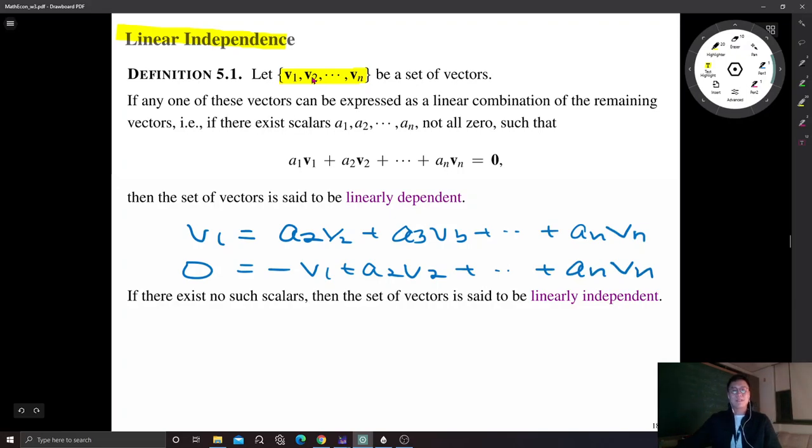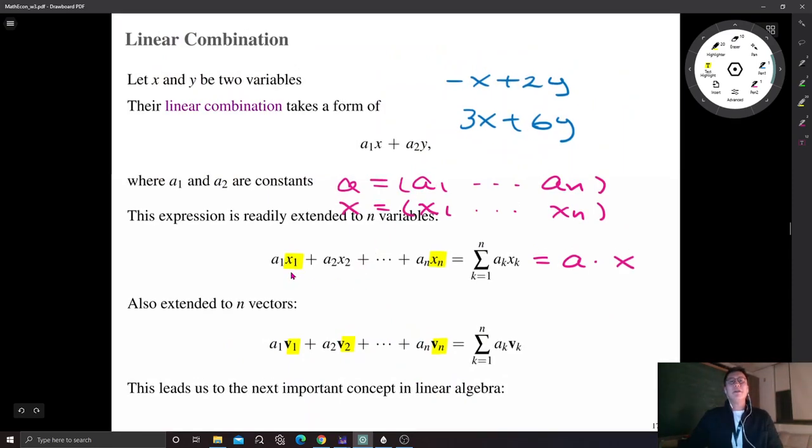By the way, when we define a linear combination of n variables or n vectors, these scalars a sub 1, a sub 2, a sub n are not all zero, meaning that some scalars may be zero, but not every one.